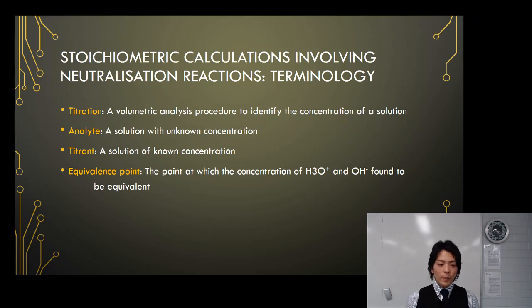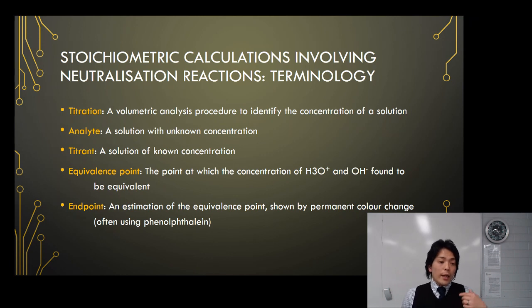The equivalence point is where the H3O+, so if you had some acidity, and if you keep adding OH-, and they become exactly the same number or more, then that's where you call the equivalence point. And if you are doing that in the lab, you might not be able to see how many molecules of, say, OH- you're adding.